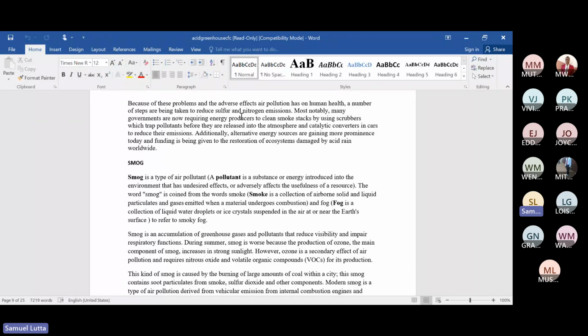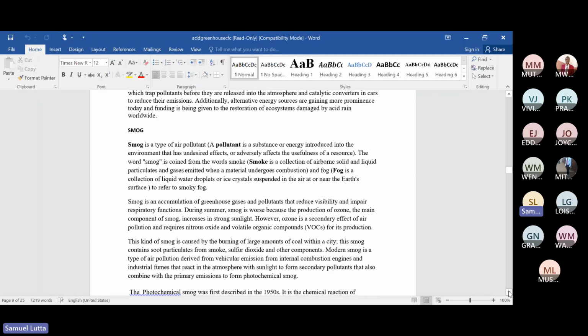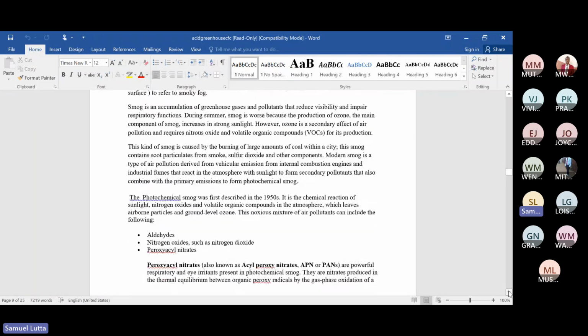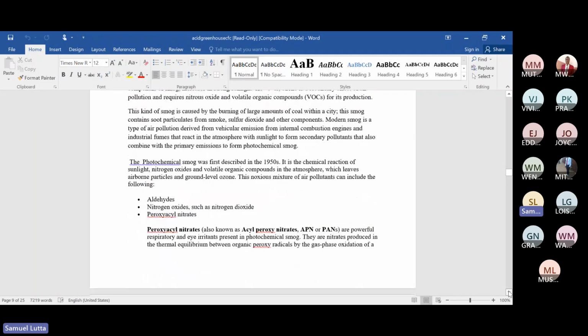I think this is called scrubbing. So that one will prevent the introduction of sulfur dioxide into the atmosphere. So this section just talks about smoke, what we have just mentioned, how they are formed, the peroxides, and so on and so forth here.